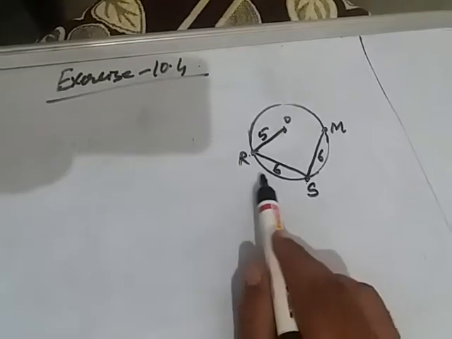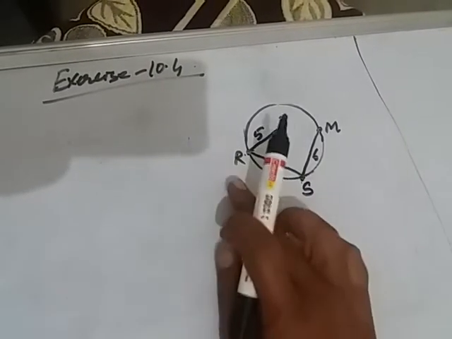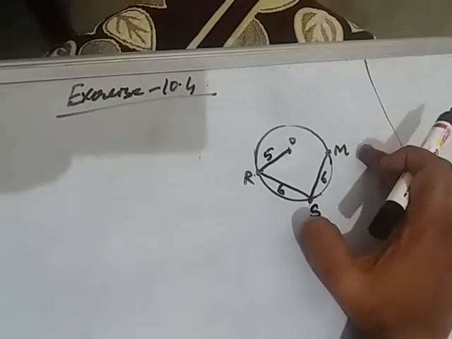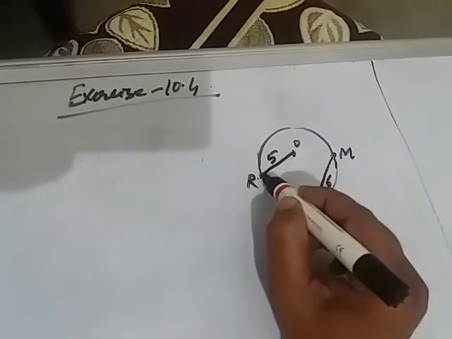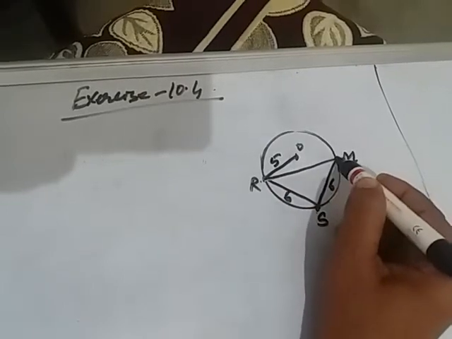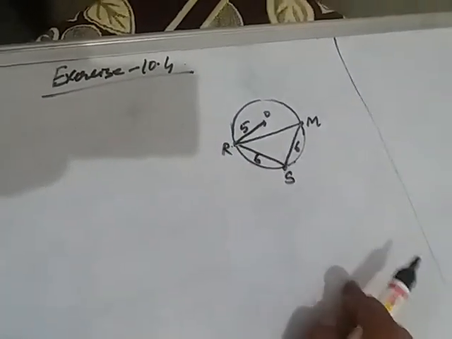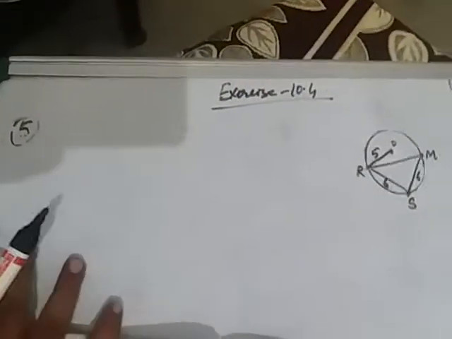Now it is given that RS, between Reshma and Salma, is 6 centimeter, and the distance between Salma and Mandeep is also given. This distance we have to find out: the distance between Reshma and Mandeep, RM. Okay, children. Now let us see what is given in question number 5.